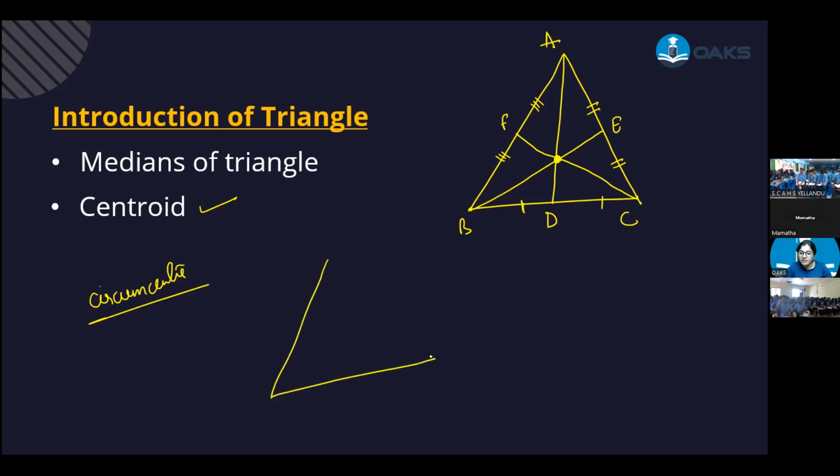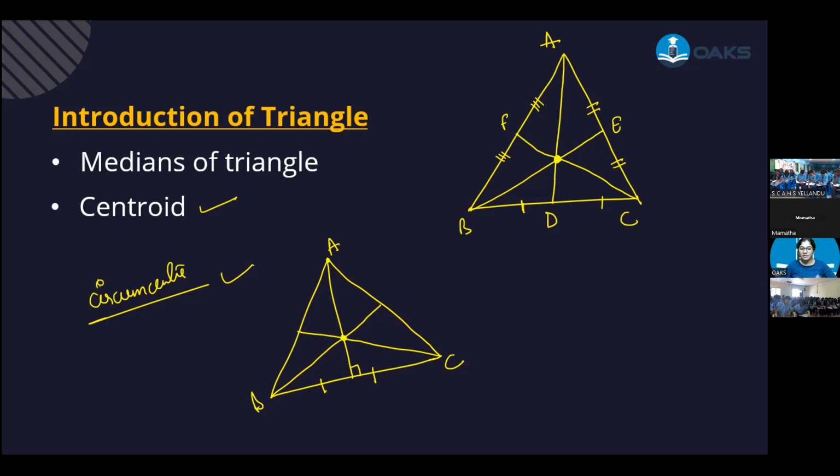When we draw from vertex A like this, it is bisecting and it is also perpendicular. Then the point where all these perpendicular bisectors meet is known as the circumcenter. You can note it down: orthocenter, centroid, and circumcenter, right? So we have all these as the properties of a triangle.